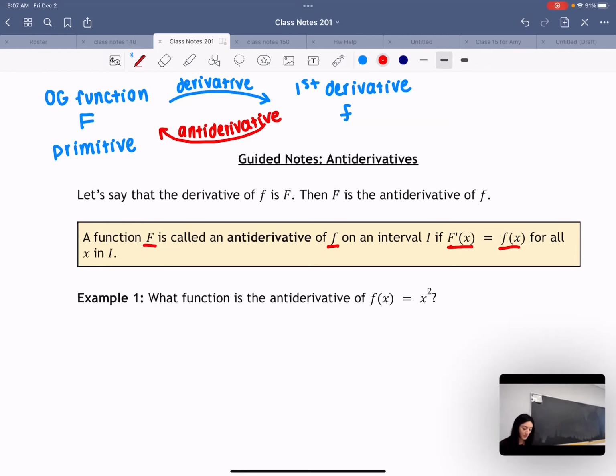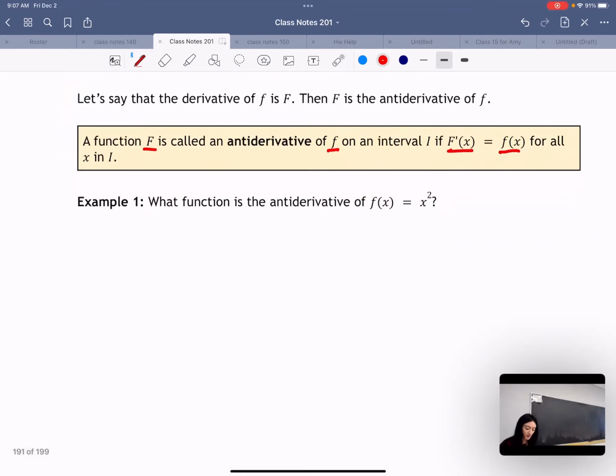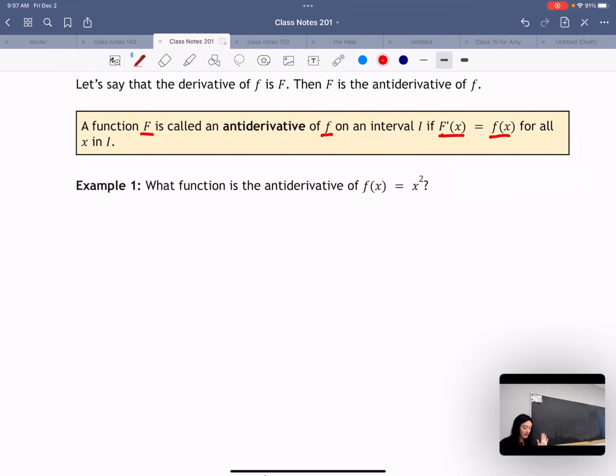All right, so example one, a very classic antiderivative question. We are going to find the antiderivative of x squared. When we think about this, we ask ourselves: what function has the derivative of x squared?